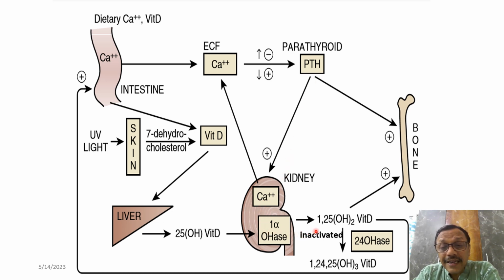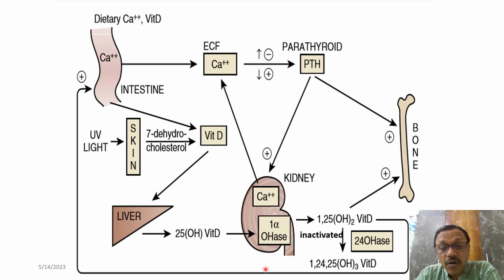hormone, there is increased vitamin D3 formation from its precursor molecule. So there is an increased uptake of this molecule, which is coming from the liver, by the kidney, and under the effect of this enzyme, a lot of the active form of vitamin D3 is formed.